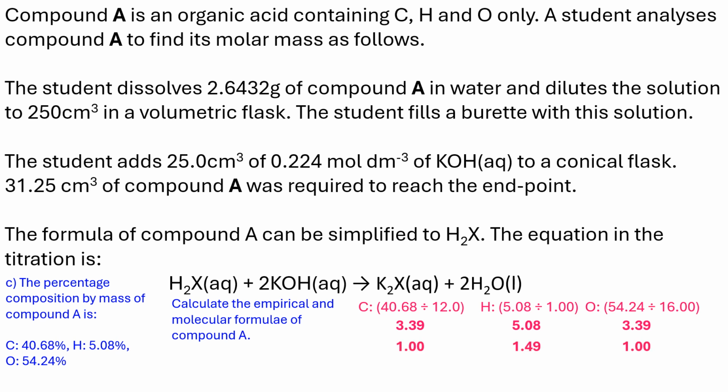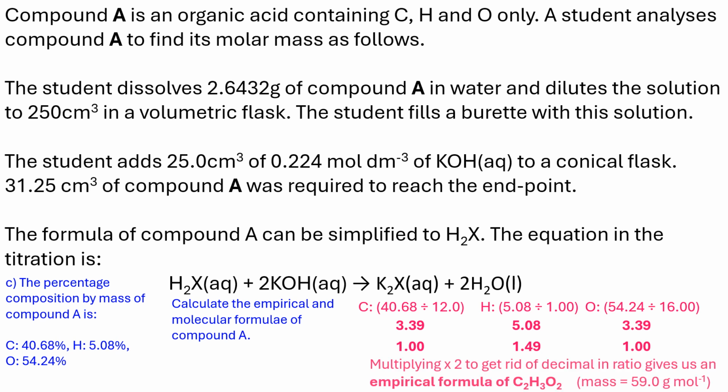Now obviously dividing by the smallest number, which is 3.39, gives us 1 to 1.49 to 1. So we're still not quite out of the woods yet, because we're looking for whole numbers. So you multiply the numbers you've got by 2 to get rid of the decimal in the ratio, in other words 1.49. And that gives us C2H3O2, which has a mass of 59 grams per mole.